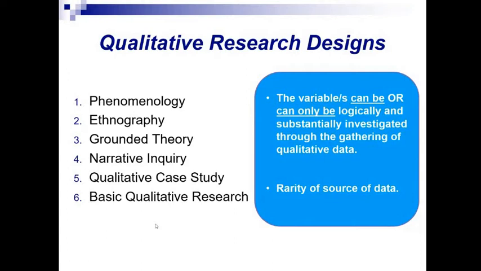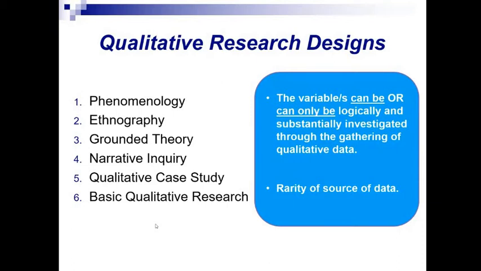Okay, so they are working overseas. That is why they cannot really get help from their partners or from their wives in relation to household chores and caregiving. So that makes it special, and that is the reason why we consider rarity of source of data in qualitative research designs.